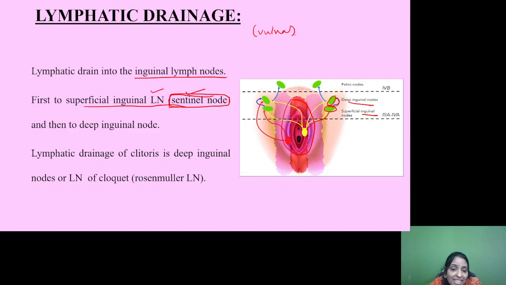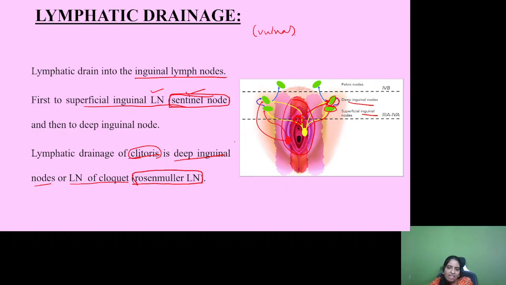One important thing is there. Generally, the vulva drains into inguinal lymph nodes, and we accept that. But the clitoris drains directly to the deep inguinal nodes. We call these specific nodes the lymph node of Cloquet, also the Rosenmuller lymph node.